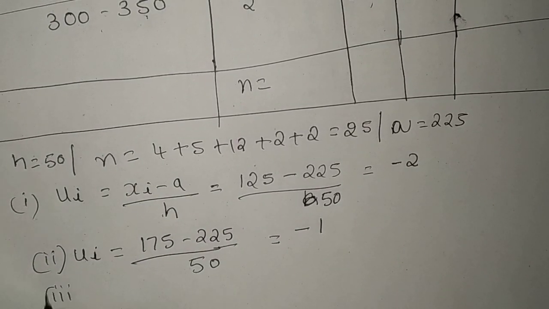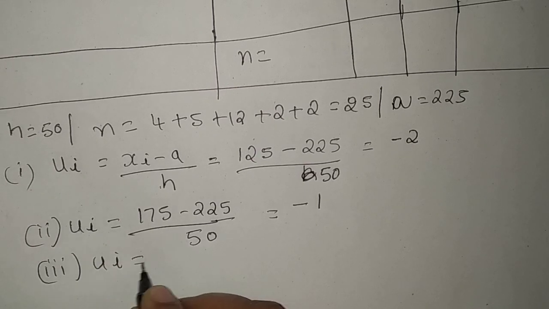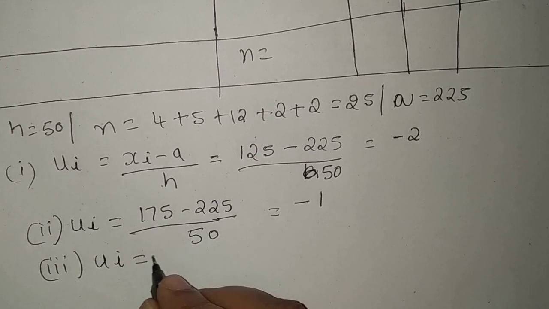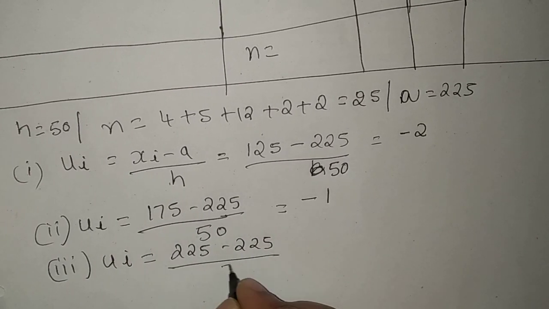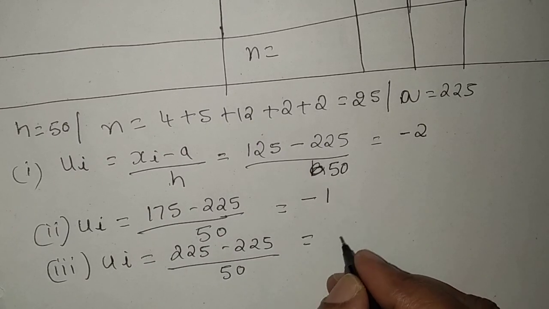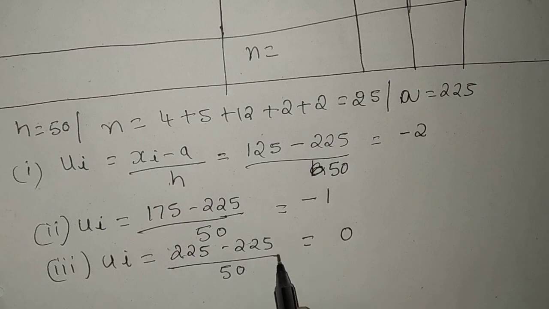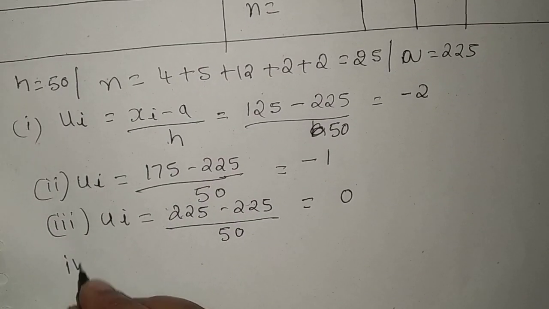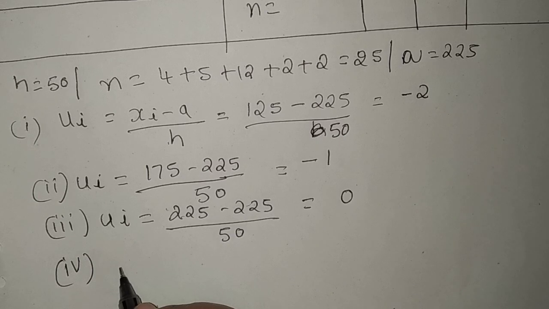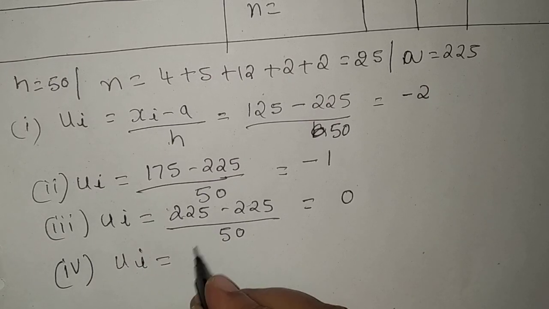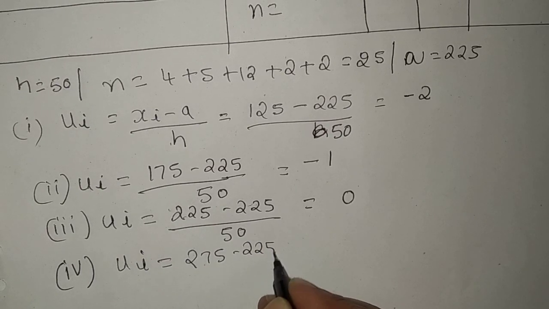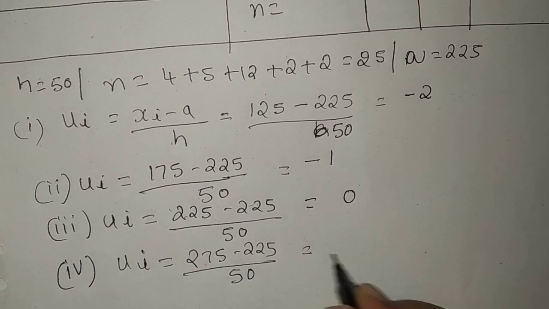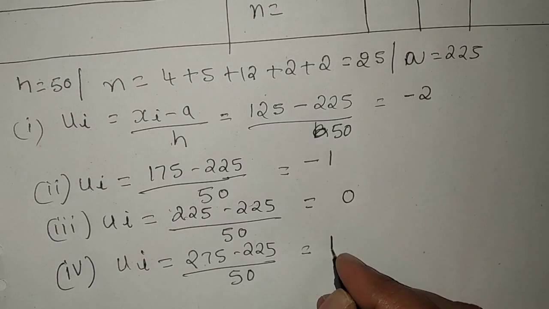Then the third set of values, ui is equal to 225 minus 225 by 50, which is equal to 0, because 225 minus 225 becomes zero. Then the fourth set of values, ui is equal to 275 minus 225 by 50, which is equal to 1.